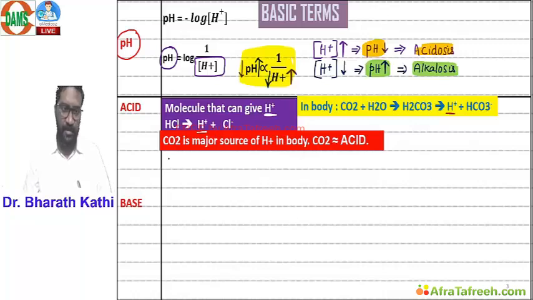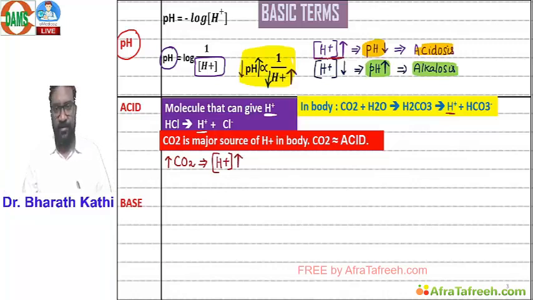For example, in a patient's body, if CO2 increases excessively, automatically more H plus will be produced in the body. Whenever H plus increases, what will happen to pH, students? pH will reduce.